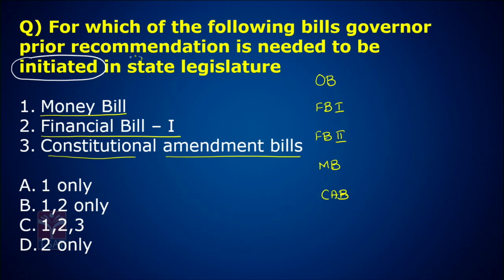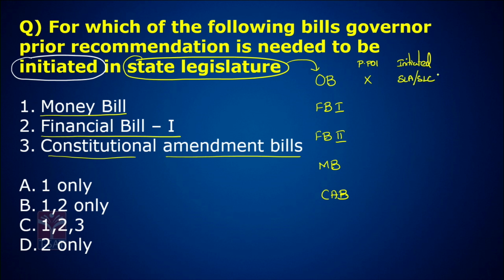Now this is with respect to state legislature. Okay, now prior President of India permission. Where is it initiated? Is it in Lok Sabha, Assembly or Council? Ordinary bill doesn't need prior President of India permission, and it can be initiated in Assembly or Council. Anywhere it is fine.